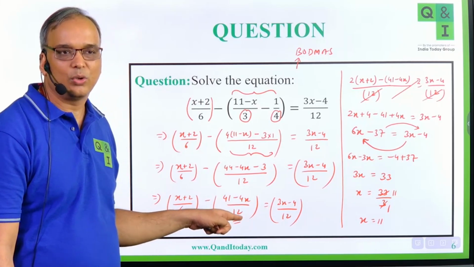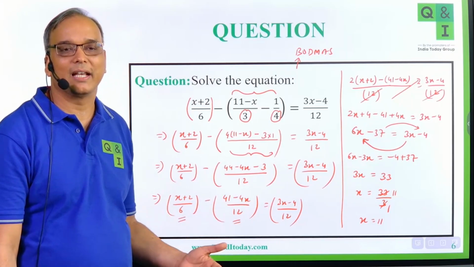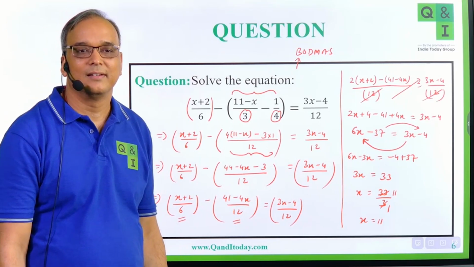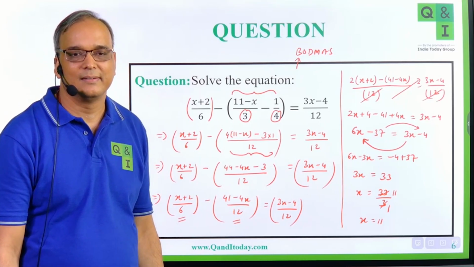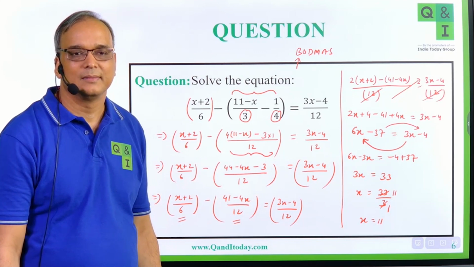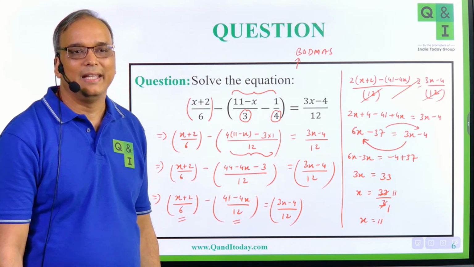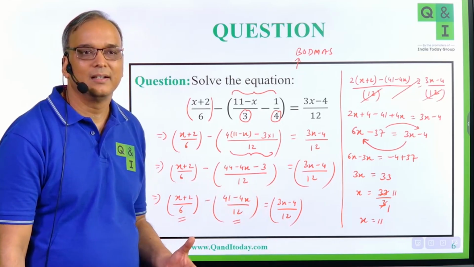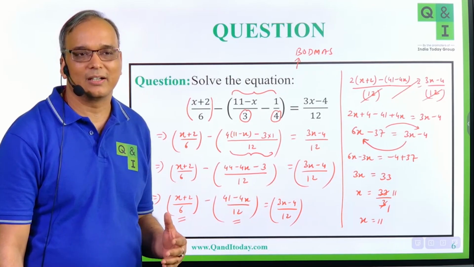Yes, Puvina, you want to ask something or you got it correct? Very good. Anyone else who could get this correct? Okay, Sudipti has also got it correct. Very good.